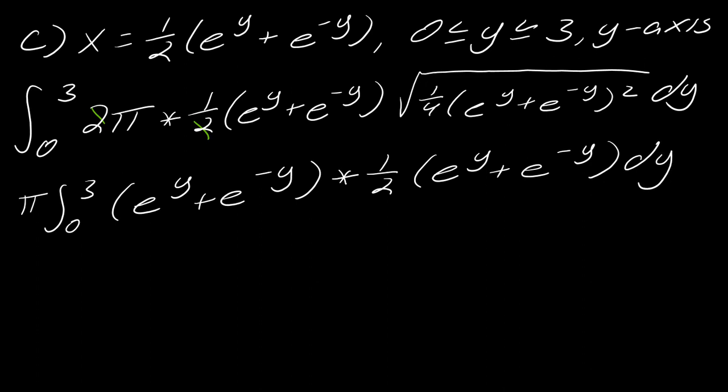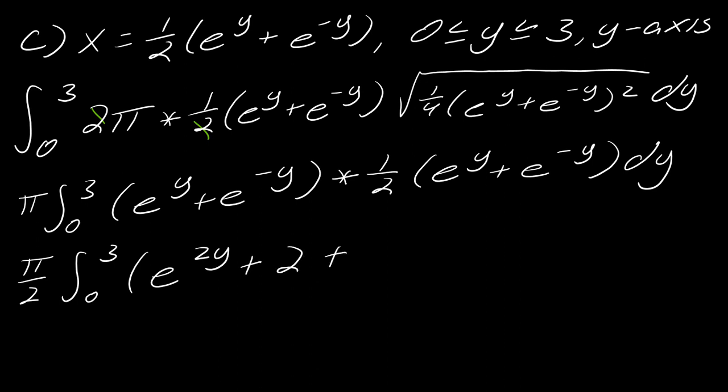Now I'm going to take the 1/2 out, and I just have to multiply this times itself. That's going to give me e to the 2y plus 2 plus e to the negative 2y dy. That's the same calculation that we just had a second ago, so you can FOIL all that out to see that.